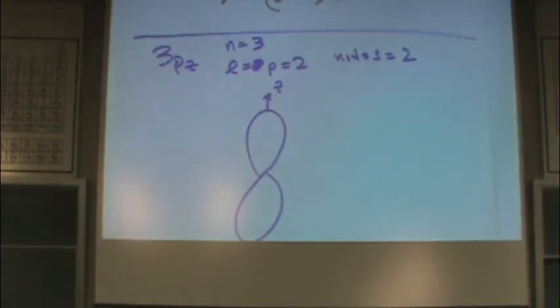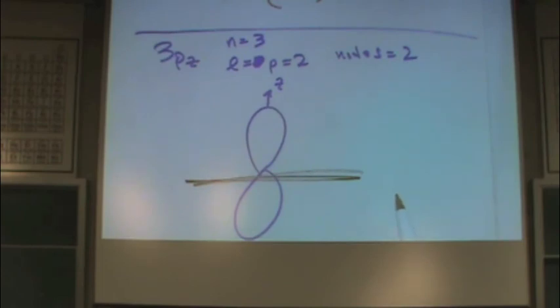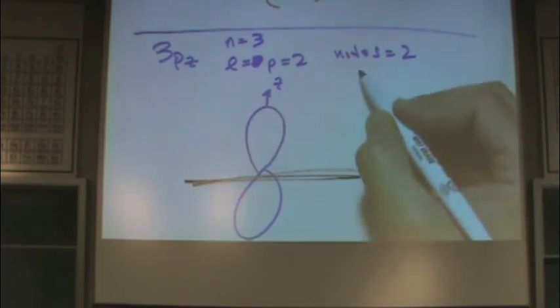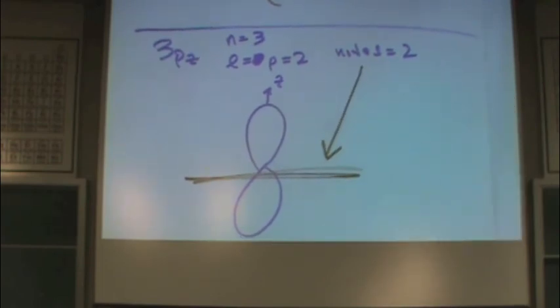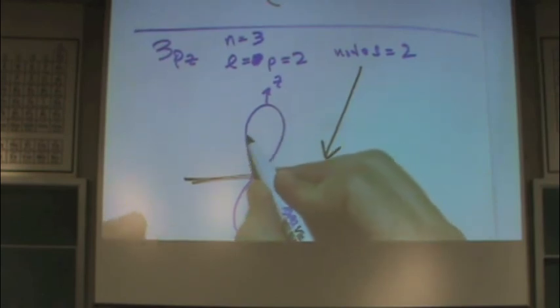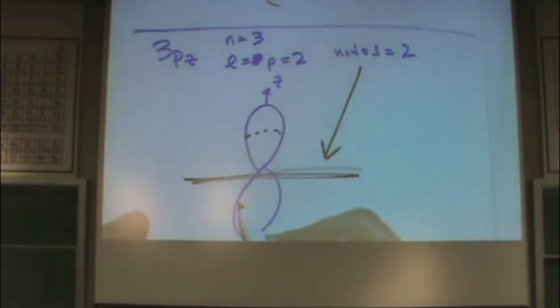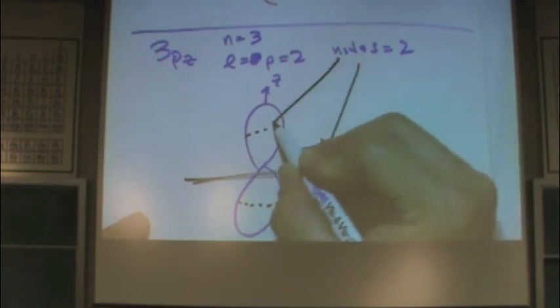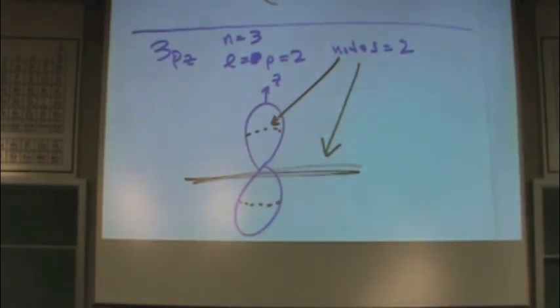The one node that you can see, let me see if I can find a different colored pen here. You can see the angular node, which is planar, goes through the middle. This is a node. Okay, there's one more hidden node, which is a radial node, and it's an inscribed circle. This is the second node right there. It's called radial. It's within the orbital itself.